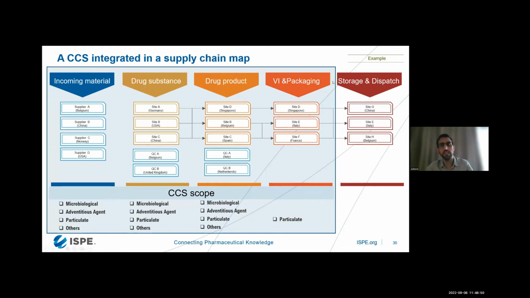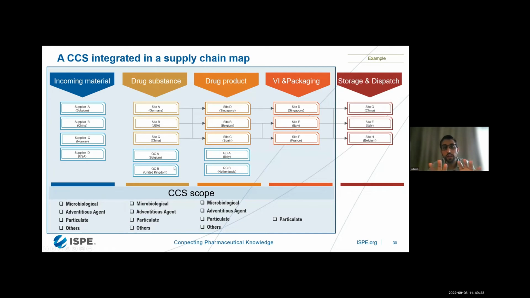For the scope of the CCS, starting from the incoming material, what are the tests that I'm performing, what is the scope, micro, maybe adventitious agents for the DS, if you receive, for example, your working cell banks or your master cell banks or the viruses, if it's not you who is developing those elements, particulates, or even others. The same thing applies to the drug substance. What are the reference labs or the outsourced services?